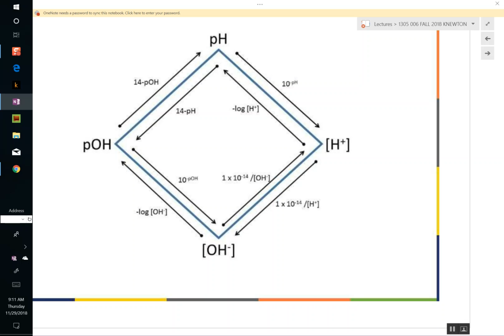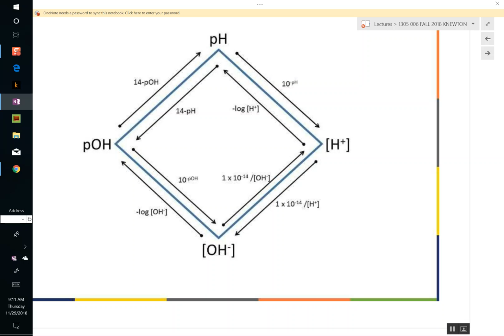And there's a direct, really close relationship there mathematically. The pH is the negative log of that concentration. So that's the main thing right there. If you know this, you can calculate that. If you know that, you can calculate this.